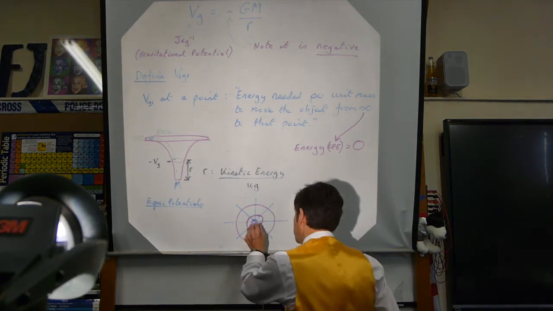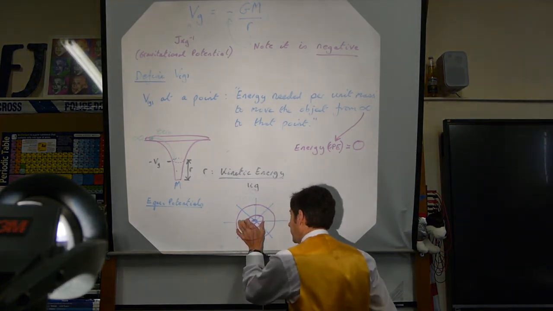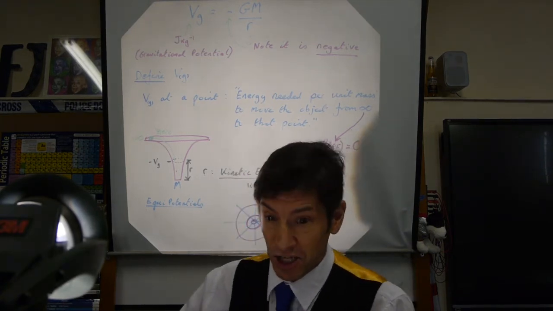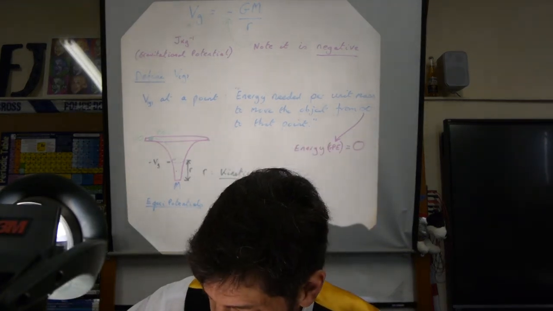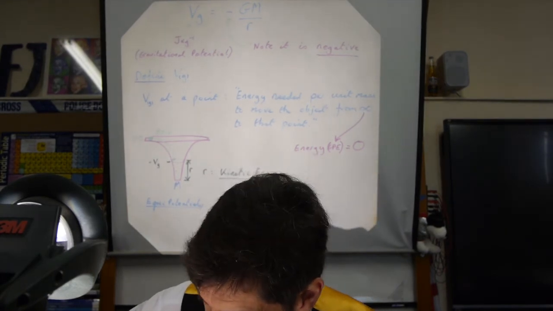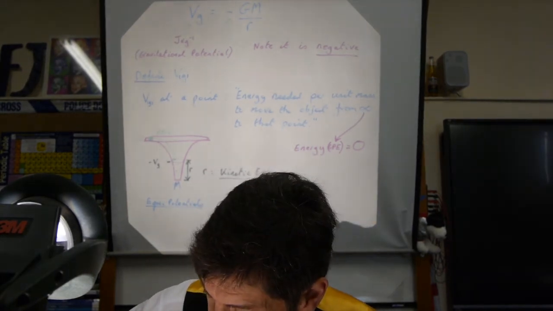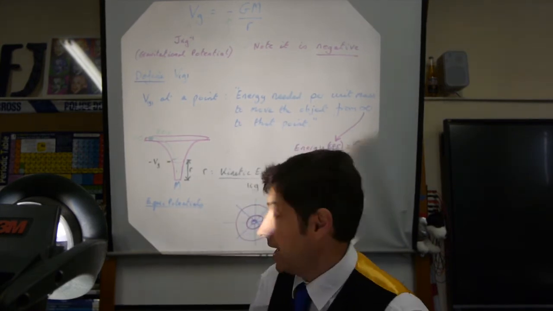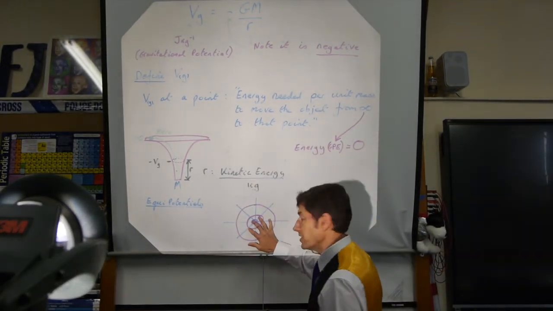Now, because you see the gaps getting bigger and bigger because of the radial field, doesn't it nicely show that the gravitational potential is proportional to 1 over r? And I think this diagram shows it nicely.